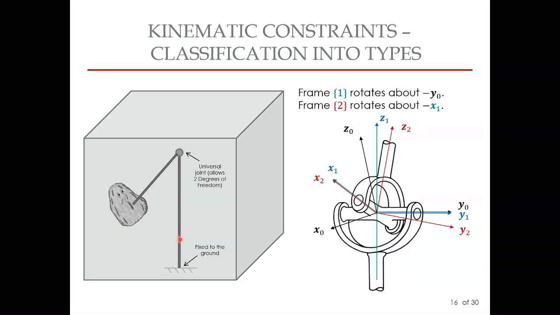Now, because this mechanism is serial, meaning it's like a chain of rigid bodies, there is no coming back to the start, no closed path of material. You can do this plus summation, so 0 plus 2.